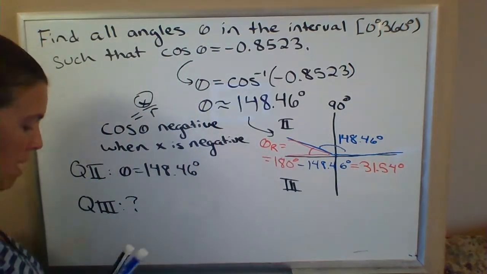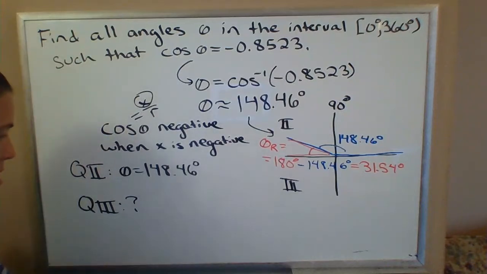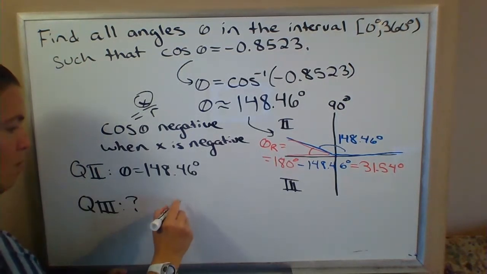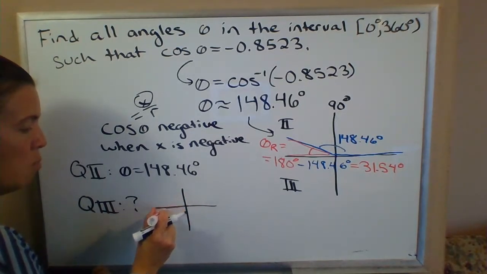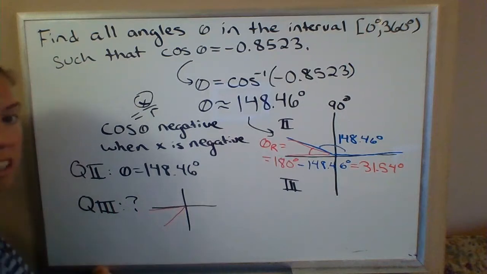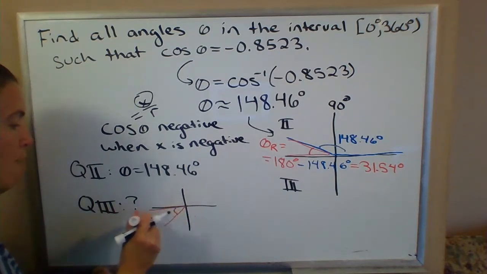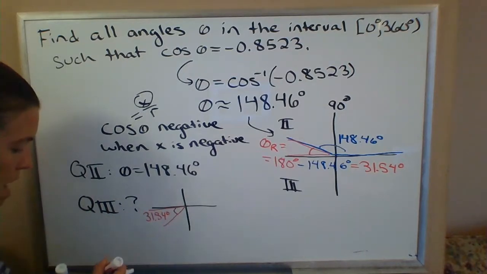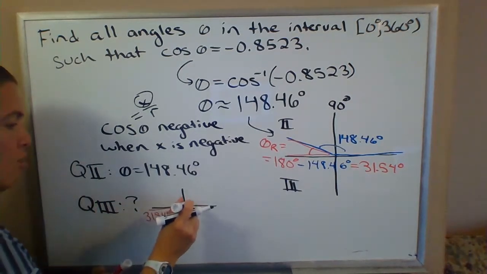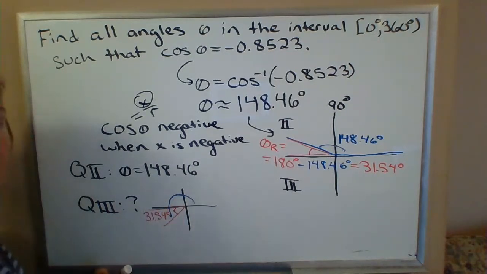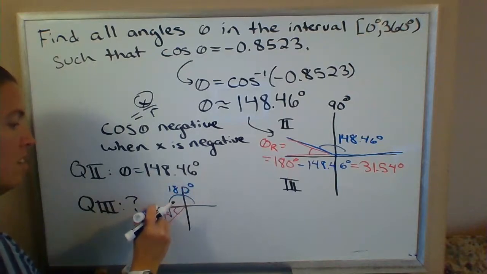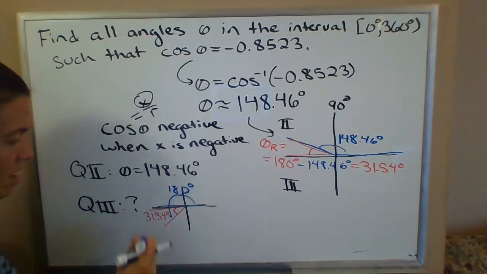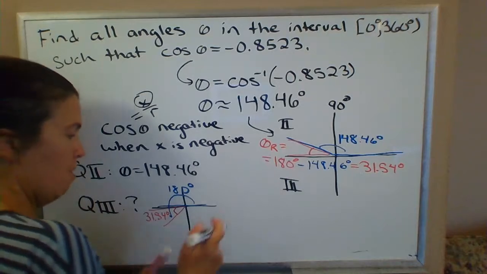Now, in order to find the quadrant 3 solution, I'll draw another little xy plane over here. Take that same reference angle, but set it up to give us a solution in quadrant 3. So put the reference angle, 31.54, down in quadrant 3. That means that this full rotation around to this point, our quadrant 3 solution, will be 180 degrees, that's this much, plus the 31.54.